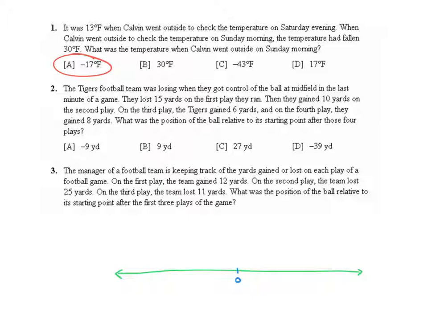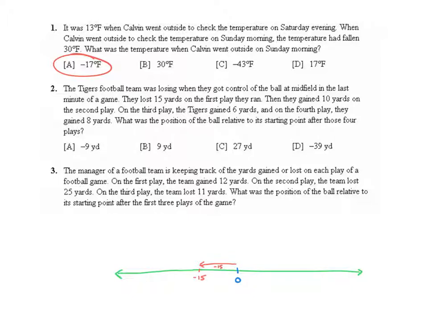So on the first play, it says we lost 15 yards. So we're starting at 0, and we're going to go back 15 yards. Negative 15 yards. And we end up at negative 15 compared to where we began. Now, I have no idea what yard line that is on the field because I don't know what yard line I started on, but I know compared to where I began, I'm at negative 15.